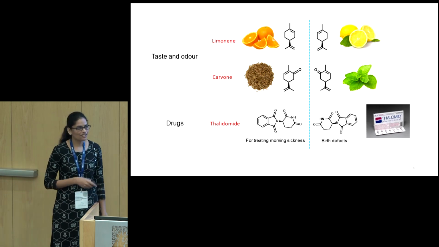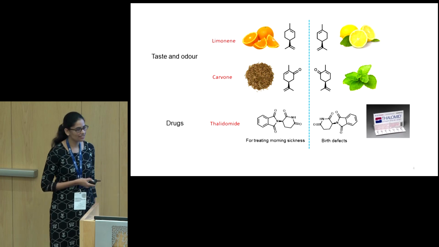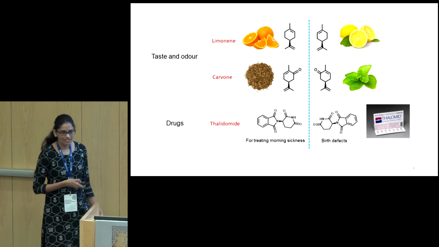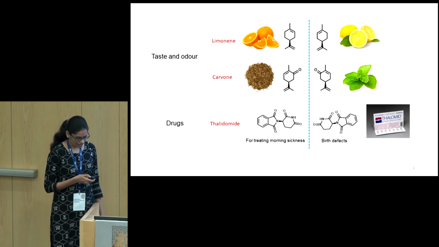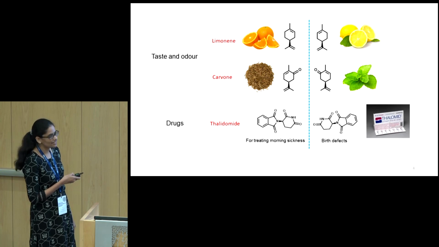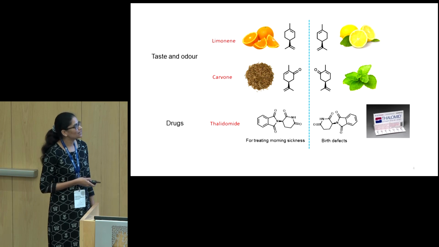And I will show you now one most famous, or rather infamous, example: the drug thalidomide, which is known for birth defects. The reason is there are two handed forms. One is useful for treating anxiety and morning sickness in pregnant women, but the other form leads to birth defects.